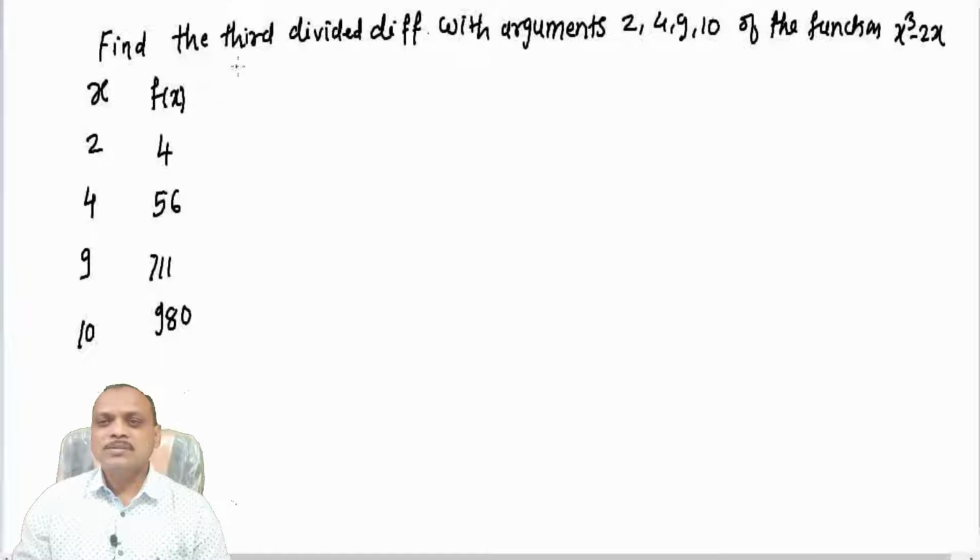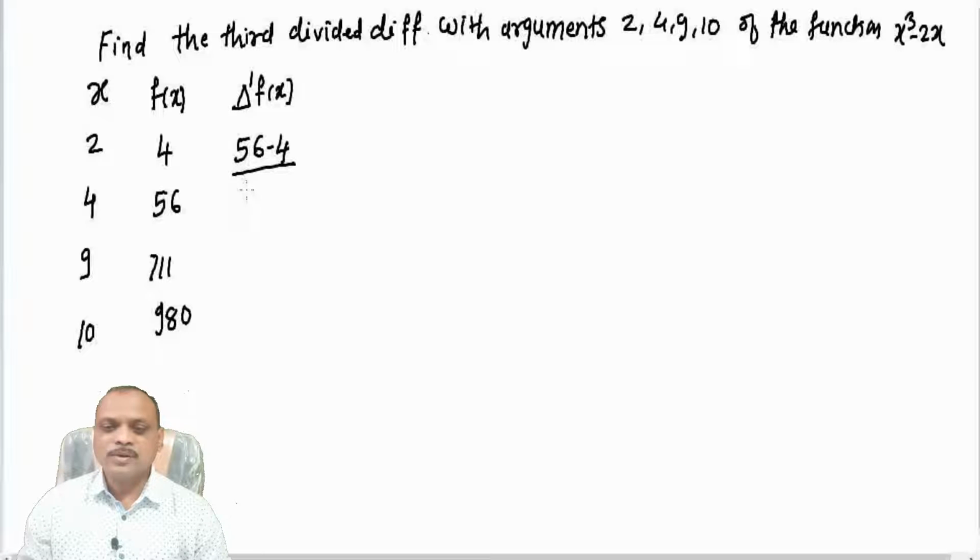We know how to calculate the divided difference delta dash of f of x. This is f of x1 minus f of x0, 56 minus 4 divided by x1 minus x0.